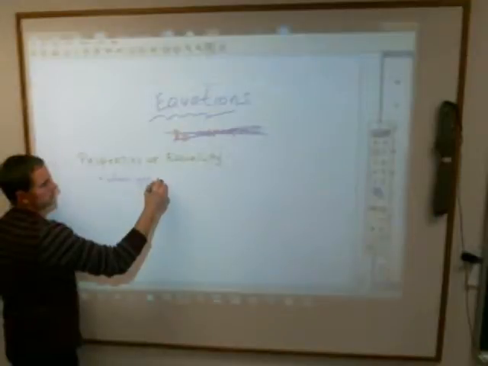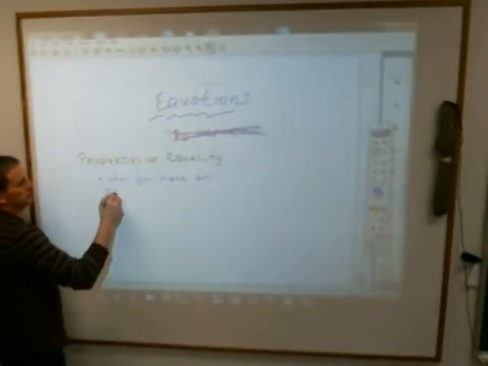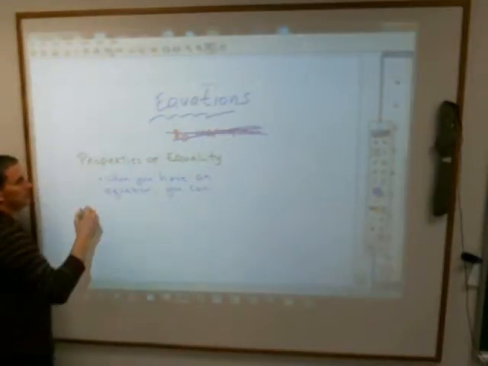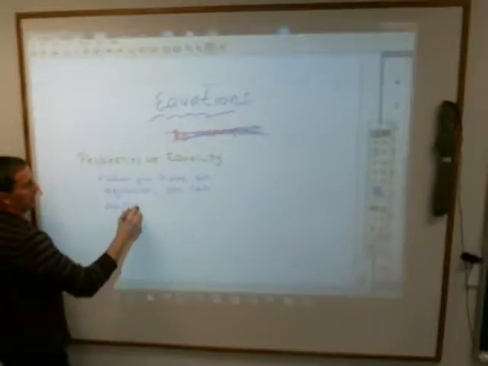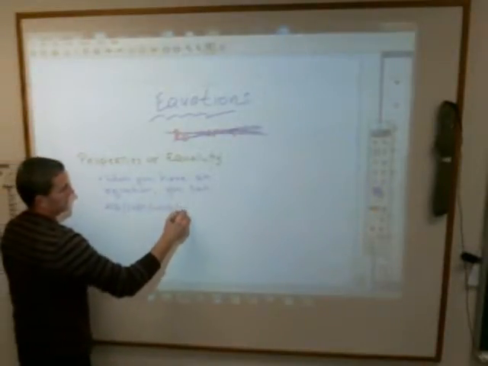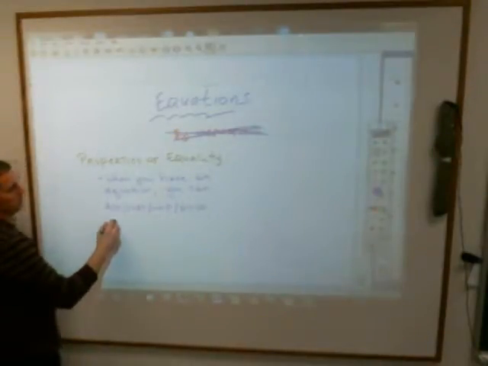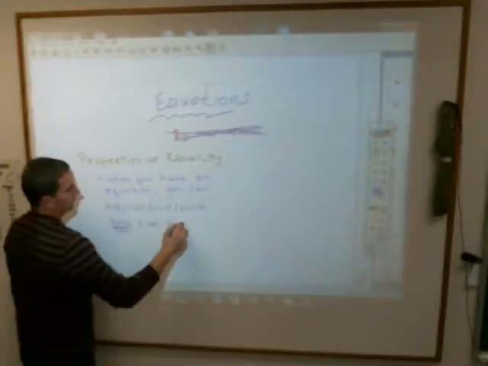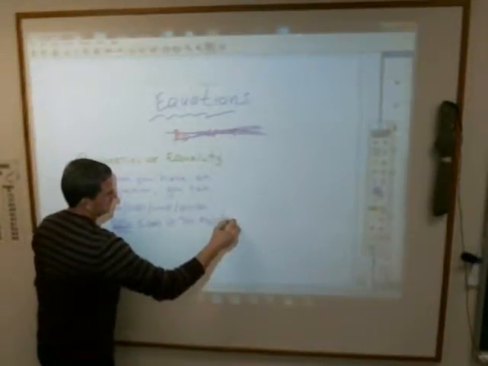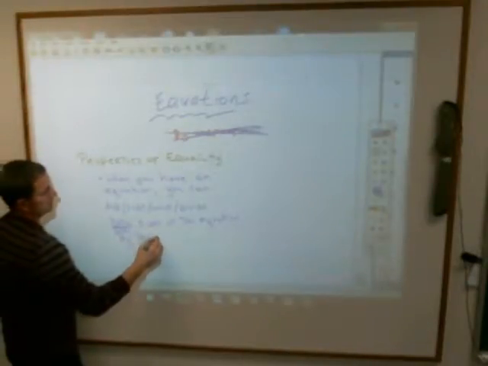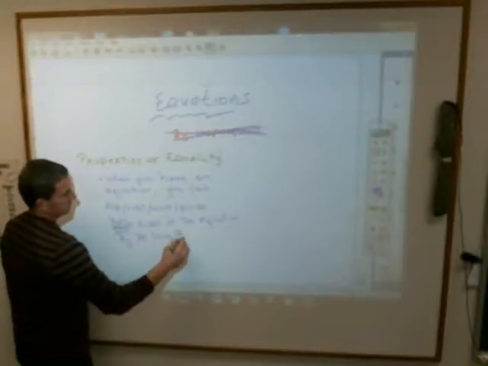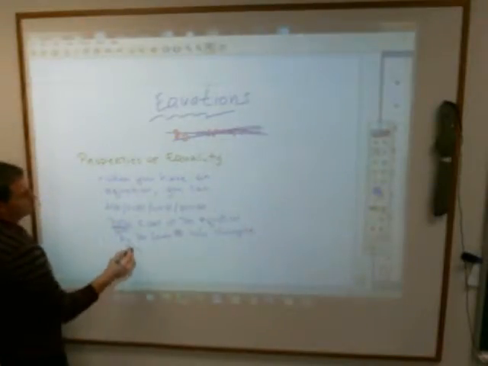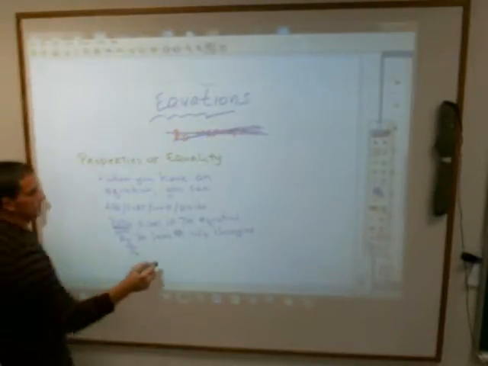When you have an equation, you can add, subtract, multiply, or divide both, and capitalize that both, and underline it twice, sides of the equation by the same number without changing it. And I'll tell you exactly what that means in a second here.